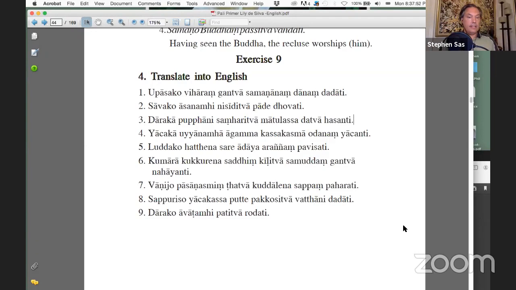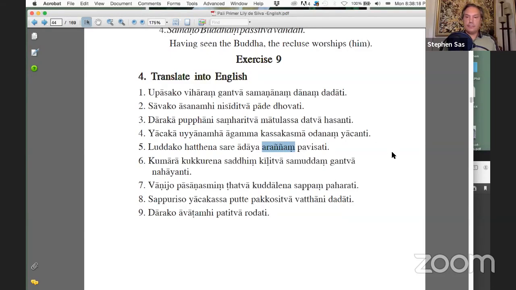So having taken arrows with his hand, he's entering the forest. That's right. Very good. So here we have adaya, having taken, and then our accusative plural, sare, arrows, and the instrumental, by hand. And then we have our finite verb, enters, pavisati, and the accusative singular, aranyam, the forest.